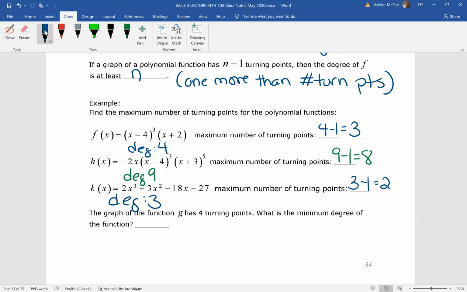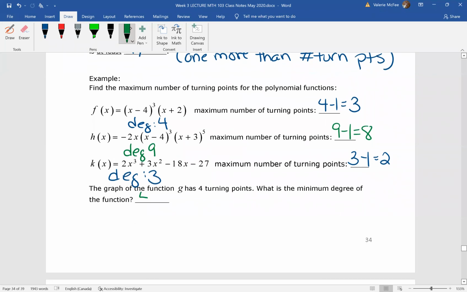Look at the last question. The graph of a function g has 4 turning points. What is the minimum degree of the function? So we know the 4 turning points. What's the maximum, or sorry, what's the minimum degree? Remember that the minimum degree is 1 more than the turning points.